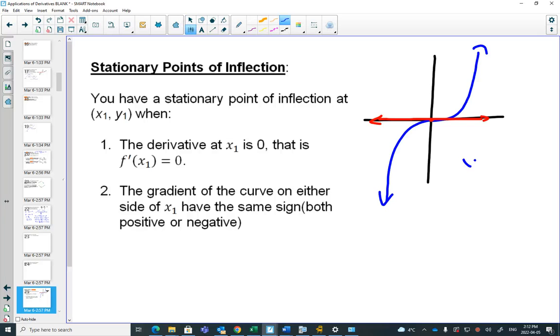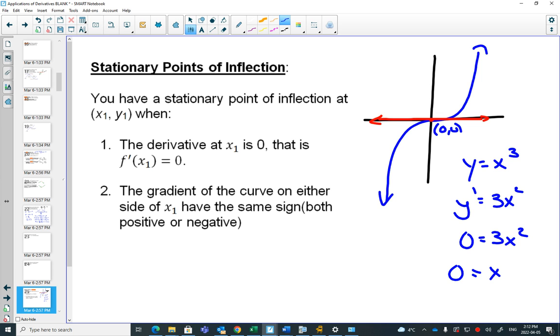We look at x cubed. We find the derivative. We set our derivative equal to 0 and solve. X is equal to 0, so we know that at this point, 0, 0, the derivative is equal to 0. That means the tangent line is flat. It has a slope of 0.